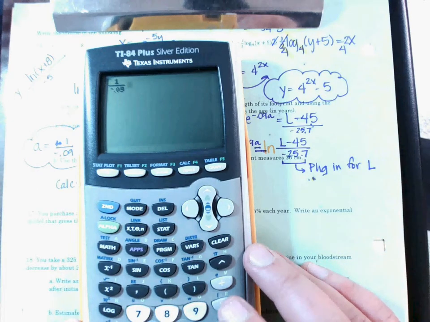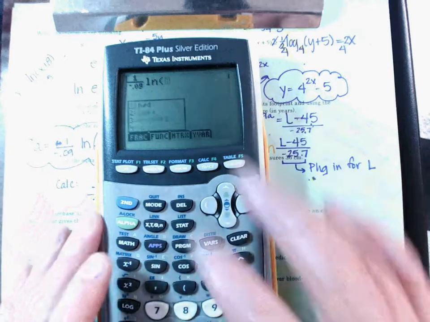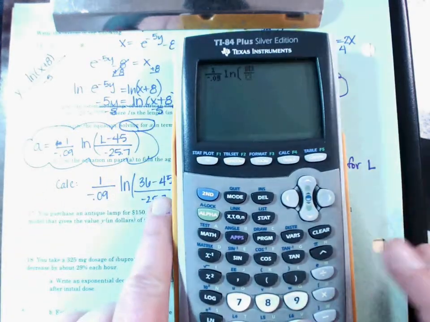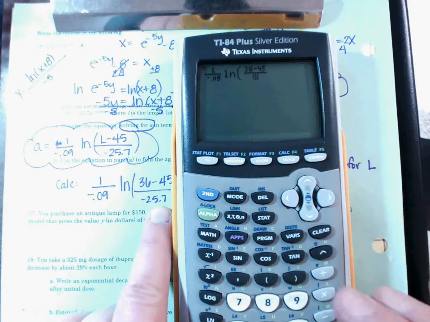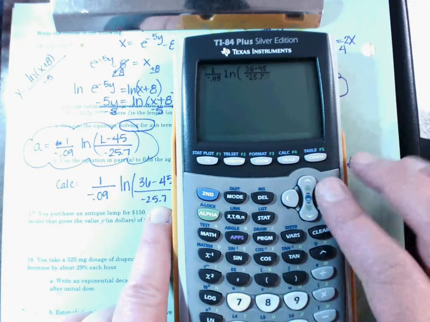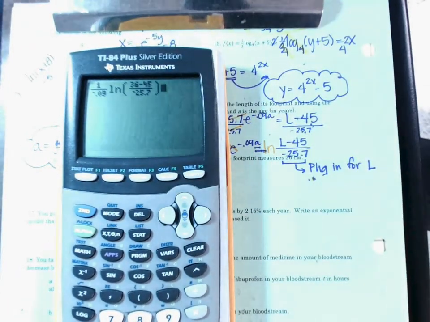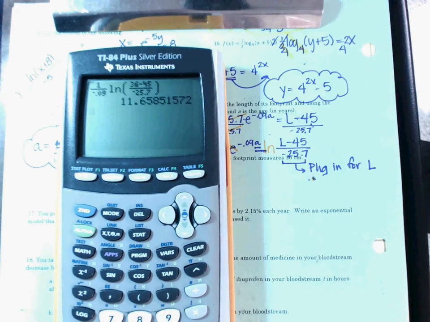Then I'll do my ln. And then in my ln, I need another fraction, alpha y equals. And I'm going to put 36 minus 45 on top, divided by negative 25.7. Okay? Just like that. So you're typing in exactly what's on your paper. Okay, the elephant would be about 11 years old.